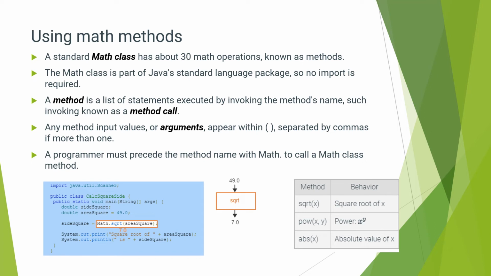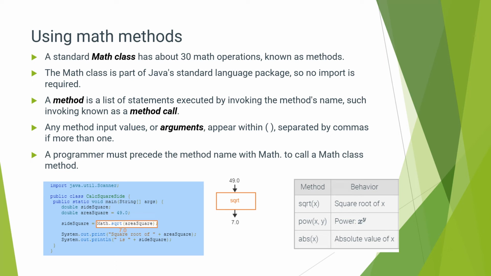Any method input values or arguments appear within the parentheses, separated by commas if more than one appears. So a programmer must precede the method name with Math dot to call a Math class method. See the examples over here: square root, power, and absolute are a few examples of Math dot methods.